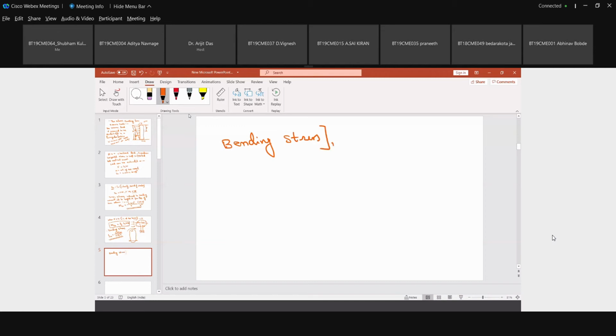We know the maximum bending moment, so it will be two-third of SCWH divided by pi r square into t. That is why we are not putting 4 here.